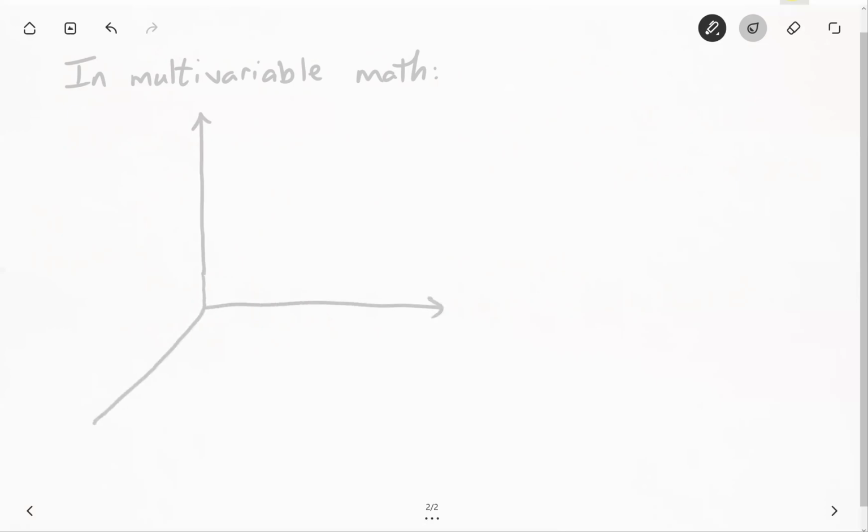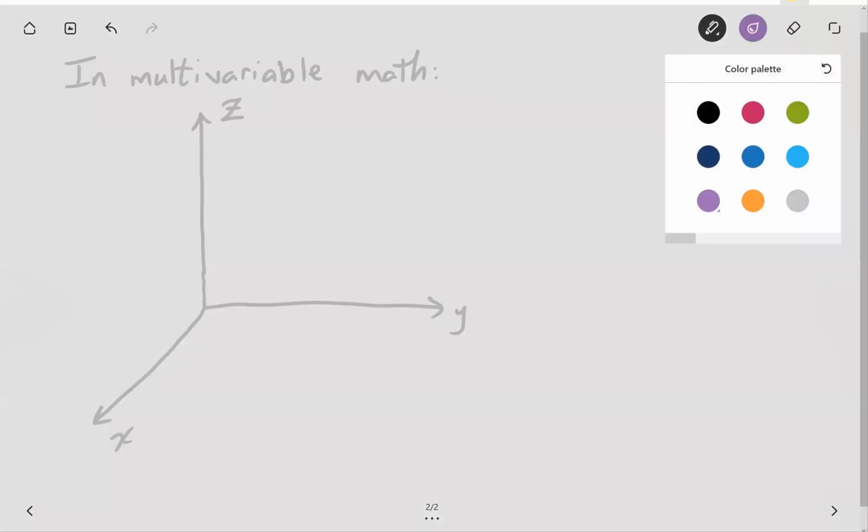Okay, so in multivariable math, we might find ourselves dealing with the following three-dimensional situation. And so maybe I'll make this the x-axis, the y-axis, and the z-axis.